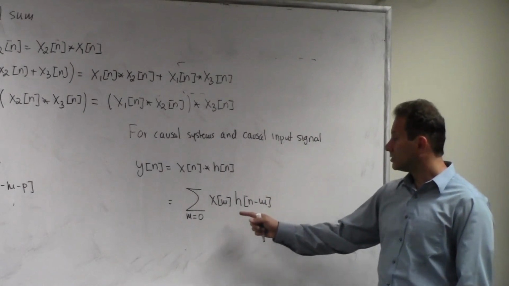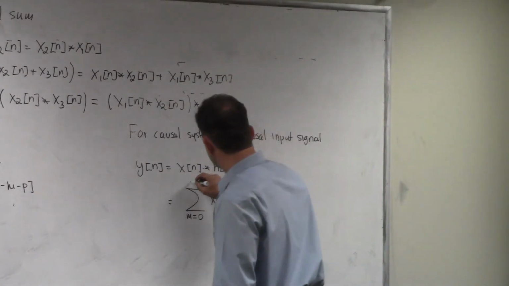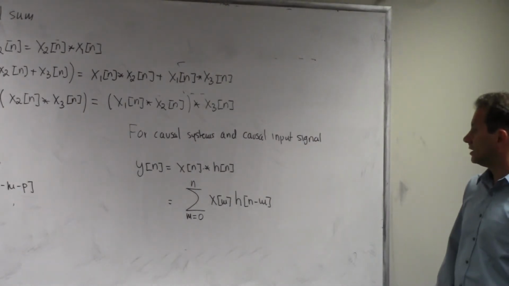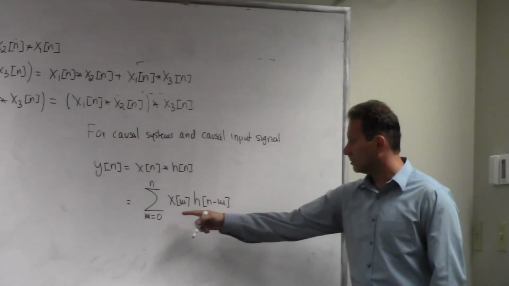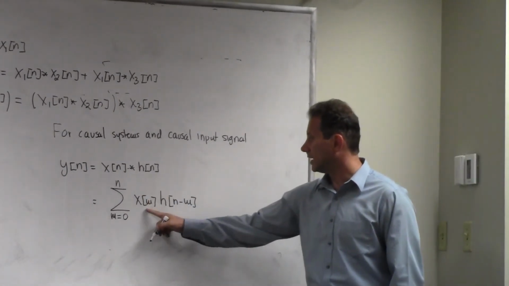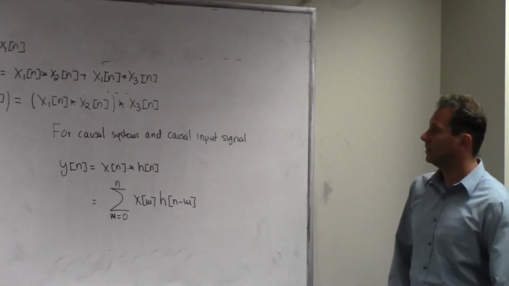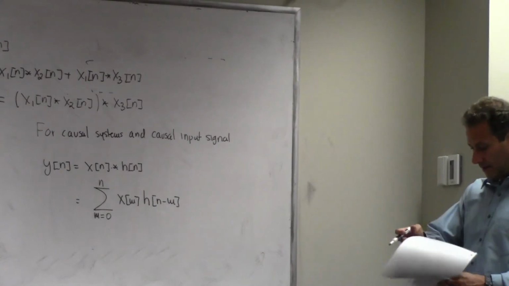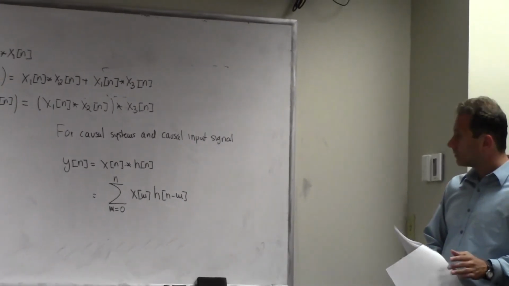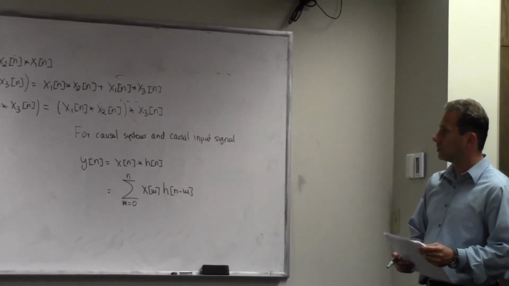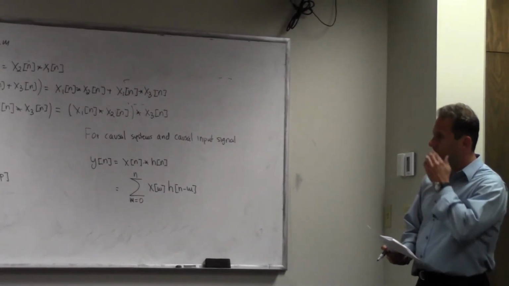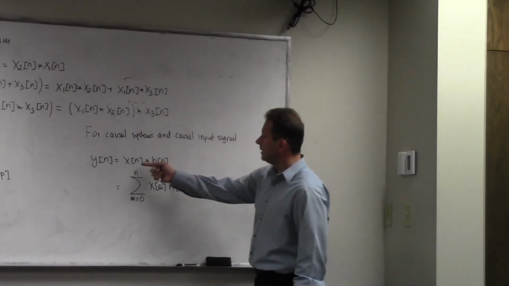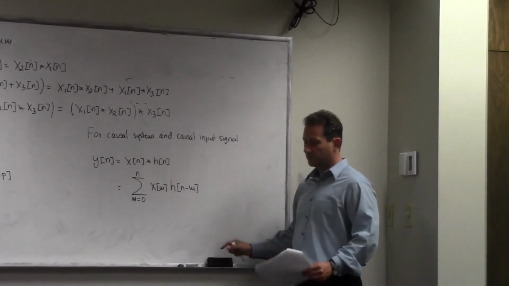No. So when this ends up being simplified, y of n is just the sum, m goes from 0 to n, of x of m h of n minus m. So that's how we can evaluate the convolution between the causal input and causal impulse response.